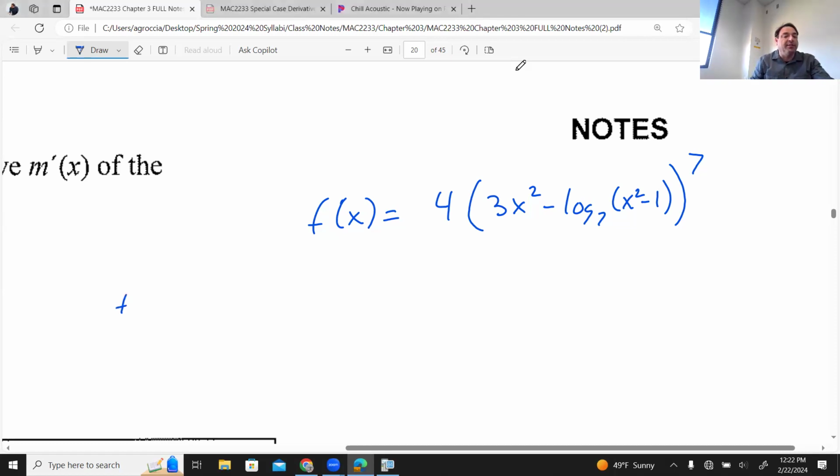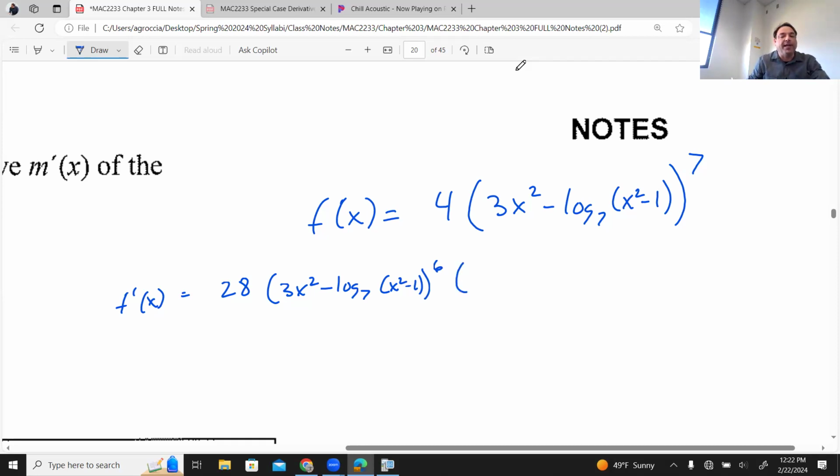That's all I'm going to do. So you see this as a brand new problem, and for me, it's just chain rule. So 7 times 4 is 28. Inside stays the same. 7 becomes 6. And then what's the next step in chain rule? Derivative of the inside.